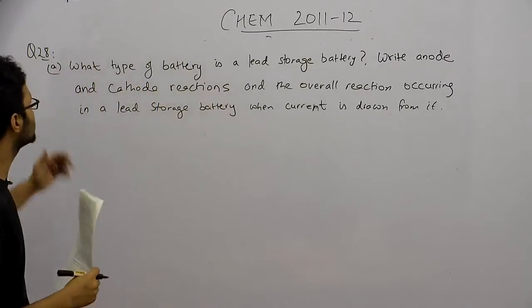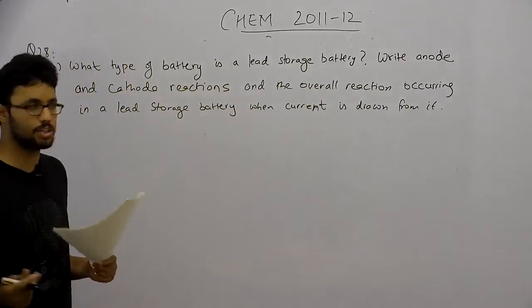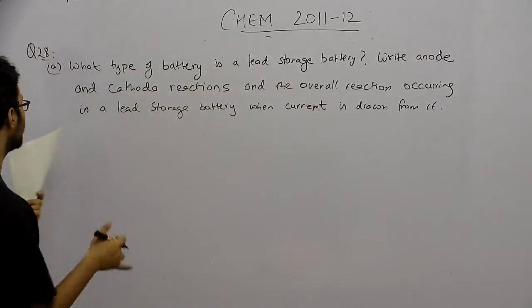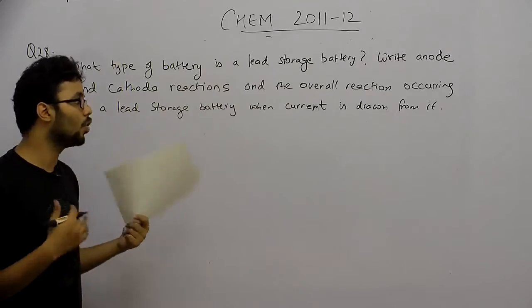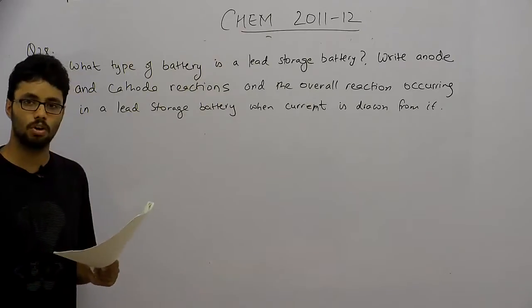So the next question is, what type of battery is a lead storage battery? Write anode and cathode reactions and the overall reaction occurring in a lead storage battery when current is drawn from it.